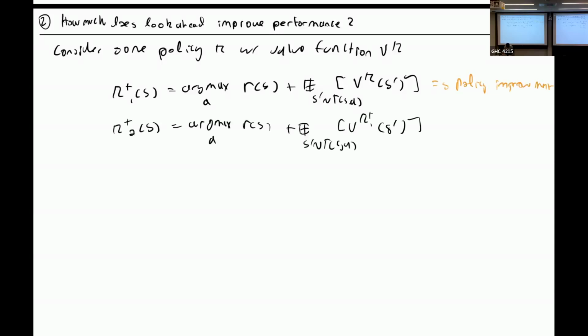And just inside this, remember that this is equal to the max over actions of R of s plus the expectation over s double prime drawn from T of s, a of V pi of s double prime. So there's this unrolling thing I can do where every step, when I do this policy improvement, I'm really bootstrapping on top of what I had before.